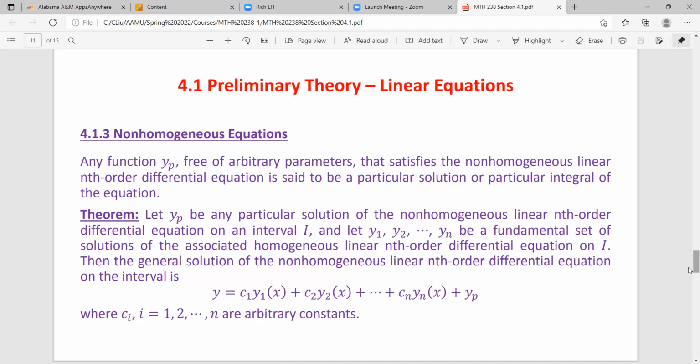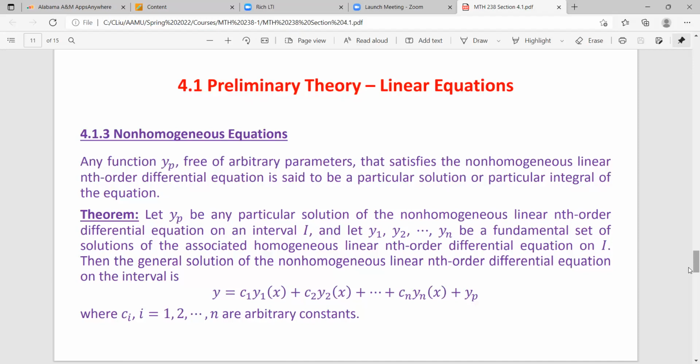Then the general solution of the non-homogeneous linear nth order differential equation on the interval is y equals c1y1 plus c2y2 plus c3y3, and so on, up to cnyn plus yp. So the first part is the linear combination of the fundamental set of solutions of the associated homogeneous equation, and the second part, yp, is just the one particular solution of the non-homogeneous equation.